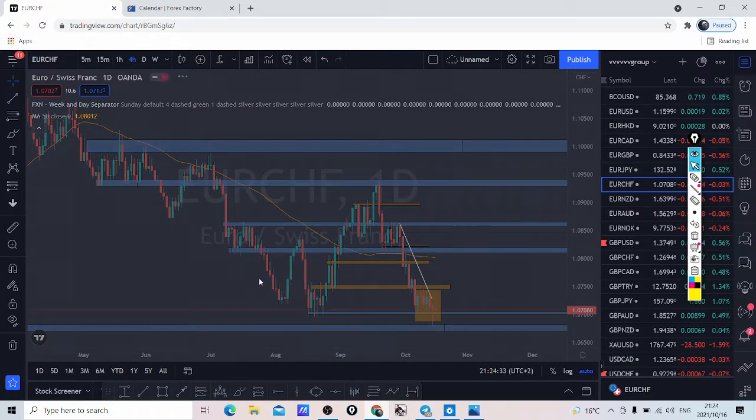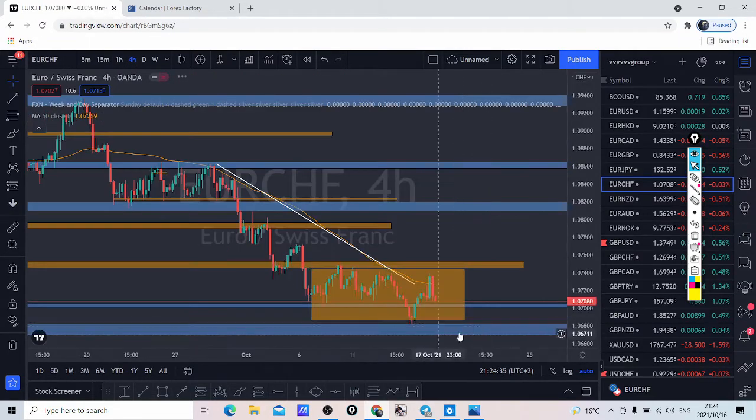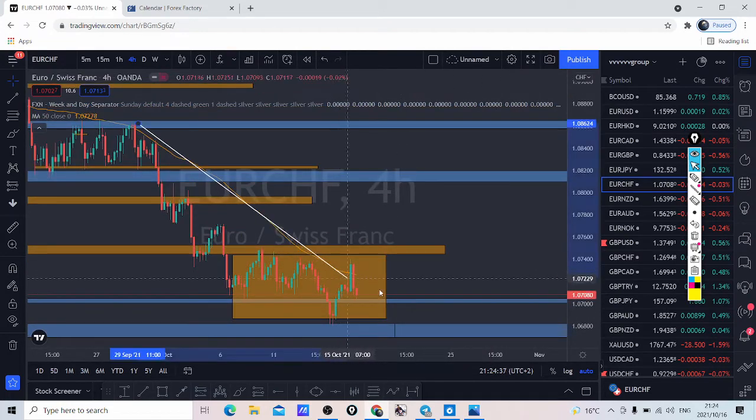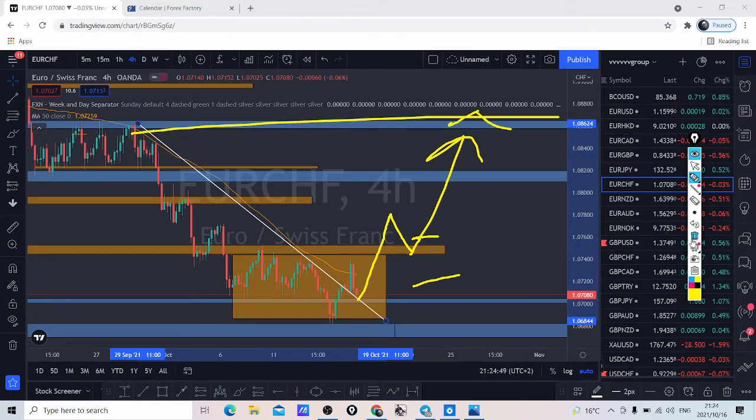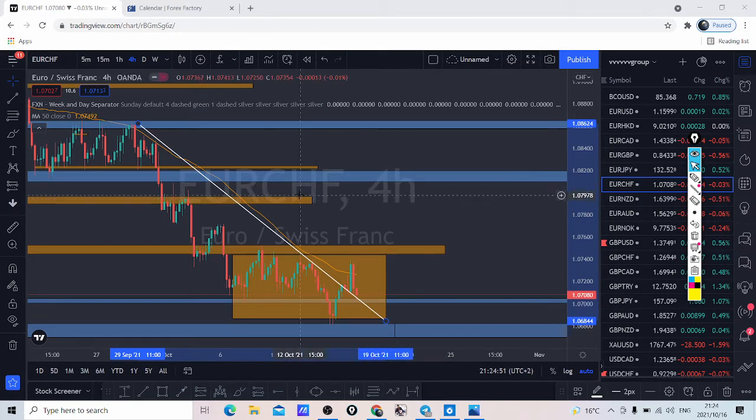I'll be waiting for a clear breakout, and then coming back to the zone, then a bullish engulfing, then I'll be taking that buy to the upside, and then TP is going to be somewhere around there, but only if we see the Euro changing momentum to buys, and then the Swiss changing momentum to sells, then we'll be looking for a buy here.